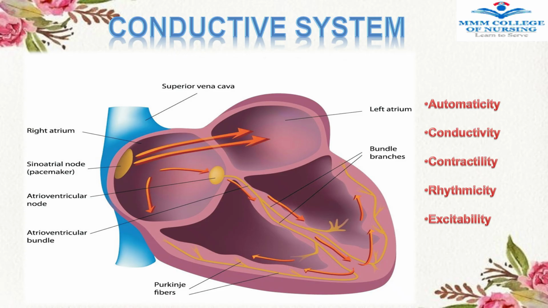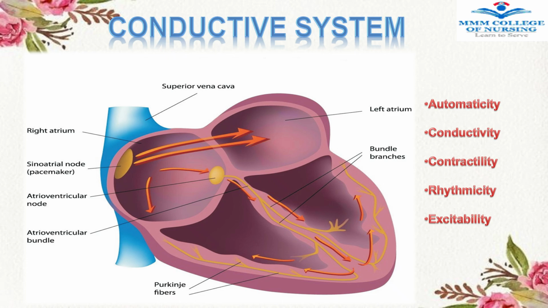Then the electrical impulses travel from the atrium into the AV node, the atrioventricular node, and then move through the bundle of His and the right and left bundle branches. The left bundle branch has 2 fascicles, called the anterior and posterior fascicles.